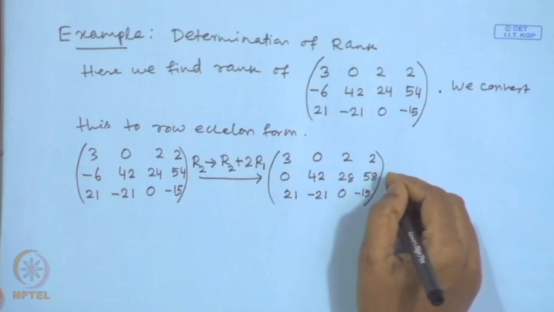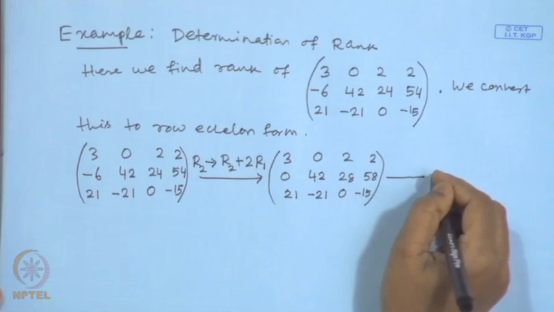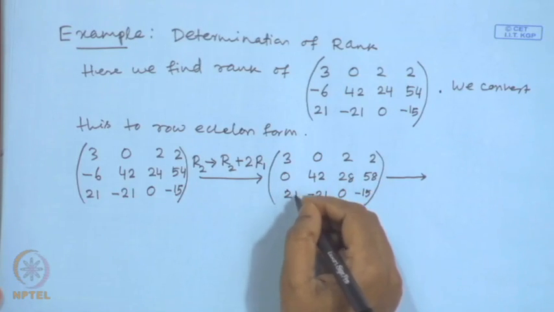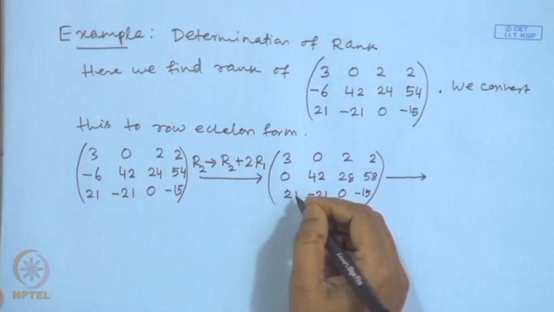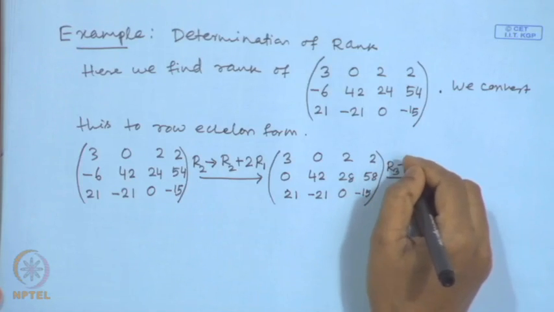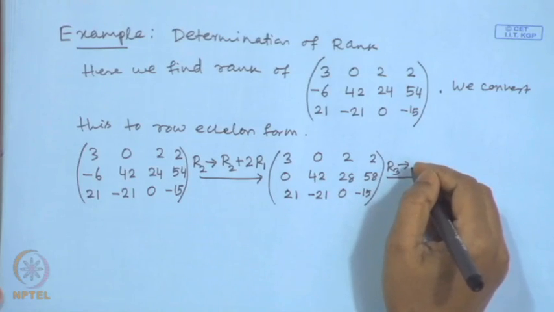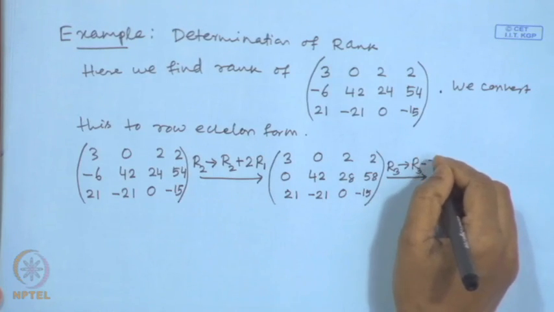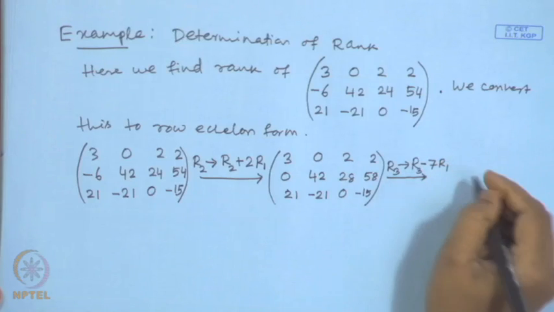So, again we apply an elementary row operation, making the first entry of the third row 0. Therefore, we replace row 3 by row 3 minus 7 times row 1.